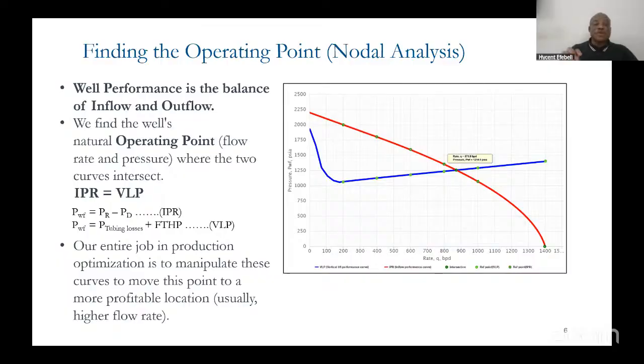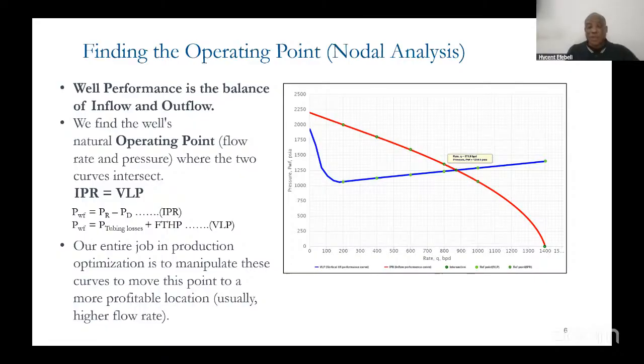Okay, so in terms of production optimization, what are we trying to do? We are looking at these two curves. In terms of the inflow performance curve, we are trying to move it as far to the right as possible. What are the things that we actually do to move it to the right? We look at things like stimulation, because anything that helps you increase inflow from the reservoir into the wellbore helps you move it to the right.